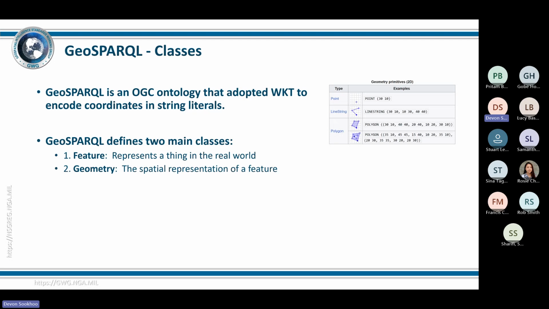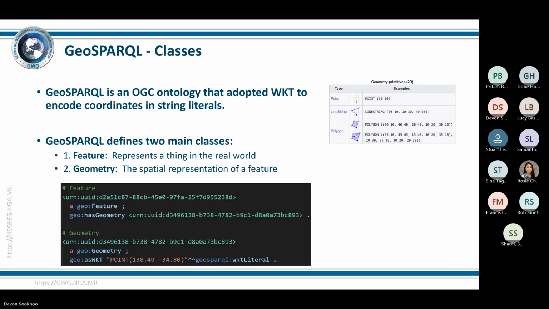It defines a feature, which represents things in the real world, and a geometry, which is the spatial representation of the feature. Here is an RDF example of a GeoSPARQL point. At the top, the first set of triples has the IRI for a feature. The second set of triples is the IRI for a geometry that defines the geometry for that feature.